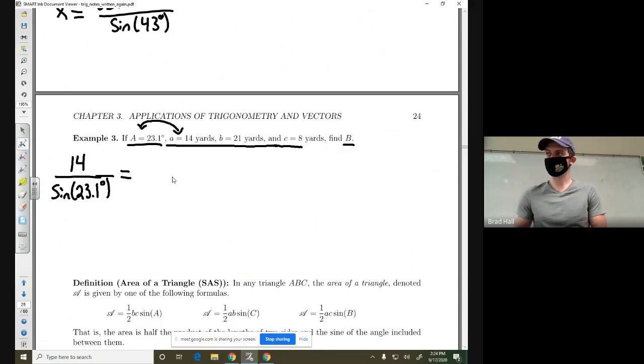So we're looking for angle B. Well, you're looking for the opposite, and there is no hypotenuse. So, Logan?